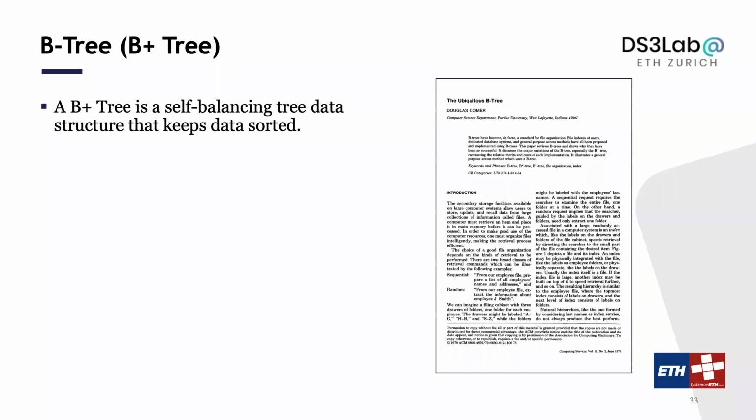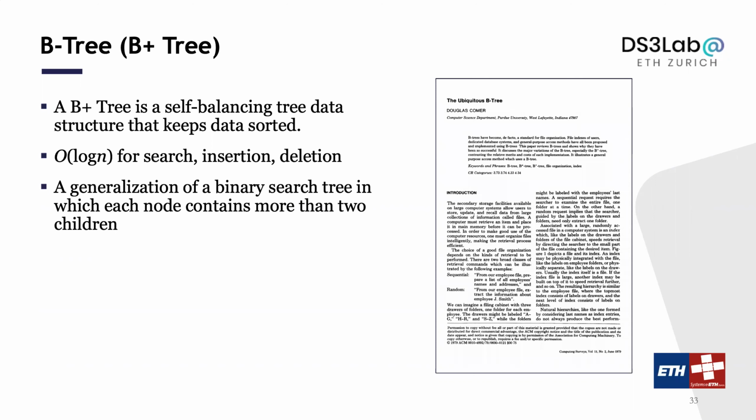B plus tree is a self-balancing tree data structure whose goal is to keep the data sorted. Whenever you search in a B plus tree, do insertion, or do deletion, you pay log n, where n is the number of tuples in a relation, in terms of IO.